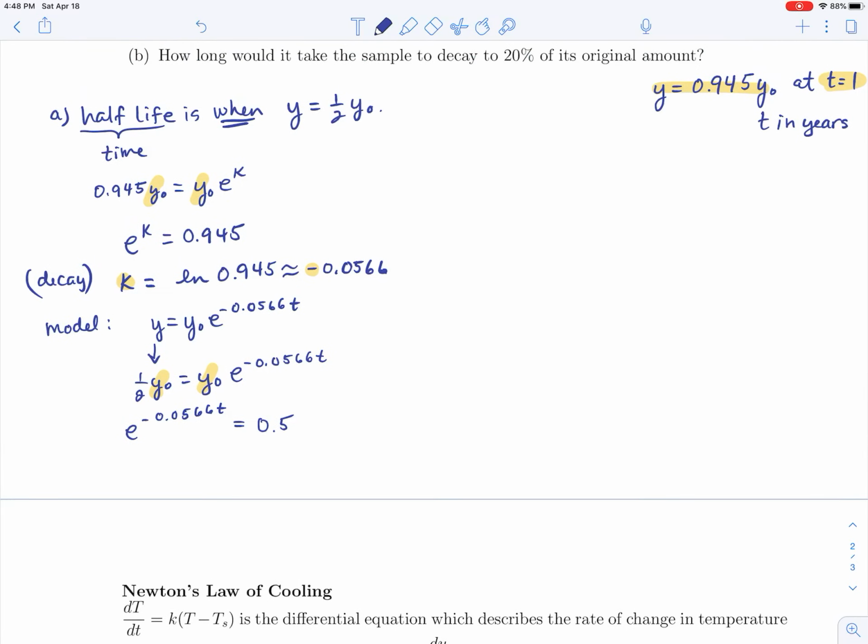If we take the natural log of both sides and divide by negative 0.0566, we'll get t is approximately natural log of 0.5 over negative 0.0566, and that is approximately 12.25 years.